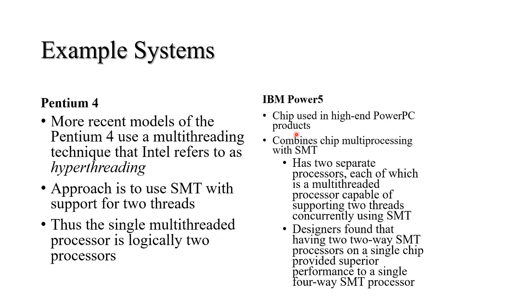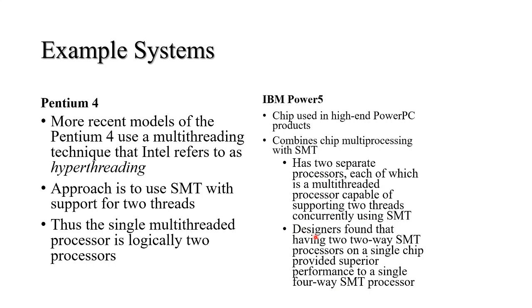The IBM Power 5 chip, which is used in high-end PowerPC products, combines chip multiprocessing with SMT. The chip has 2 separate processors, each of which is a multithreaded processor capable of supporting 2 threads concurrently using SMT.